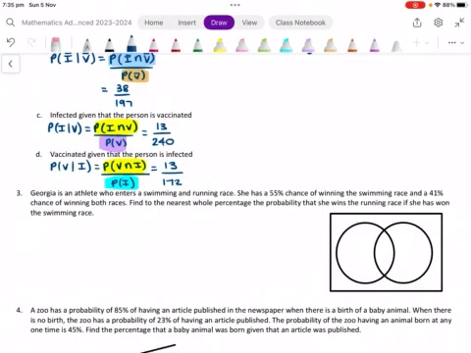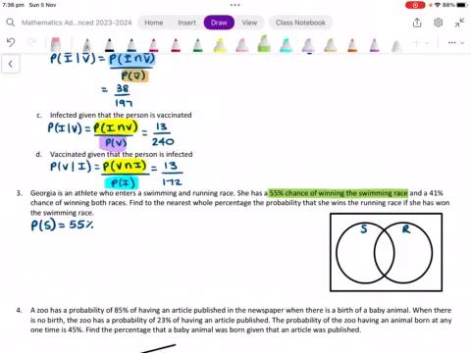So we're going to put this information into a Venn diagram so it makes more sense. So we have swimming, we have running. Okay, so we have information that she has a 55% chance of winning a swimming race. So that comes from this bit of information here.